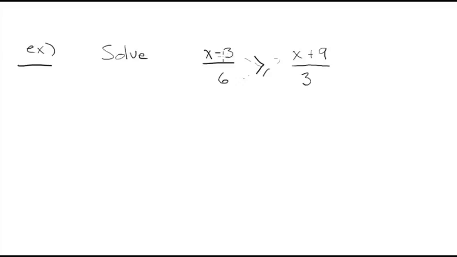Well, x minus 3, depending on what x is, might be positive, might be negative. Same with x plus 9. So you'd have to consider all these cases, where if this one's positive and this one's negative, and that's just a lot of work. So don't cross multiply on inequalities. I'm going to write that as a rule. Don't cross multiply.